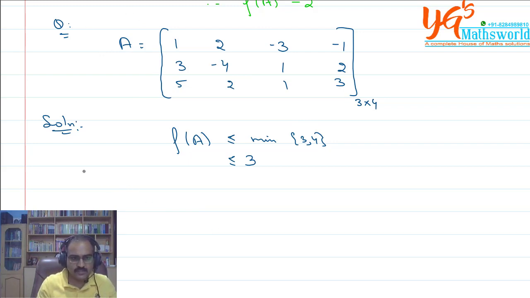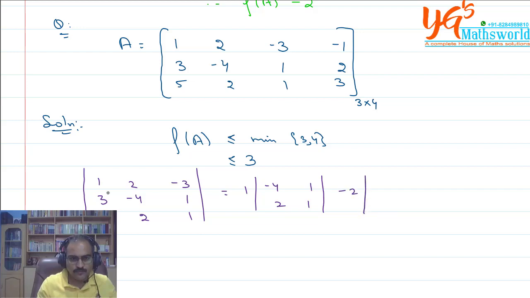Let us take the first matrix or determinant, that is 1, 2, minus 3, 3, minus 4, 1, 5, 2 and 1. So the determinant of it: one will be 1. Now leaving this row and column, minus 4, 1, 2, 1, then minus of 2, I need to leave this row and this column, 3, 5, 1, 1, then minus of 3, again leaving row and column, 3, minus 4, 5 and 2.